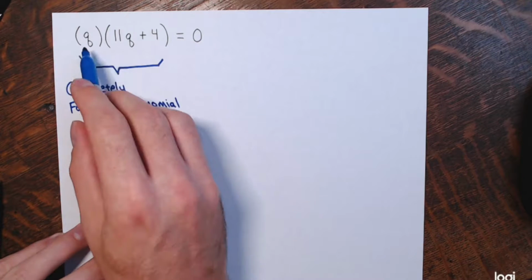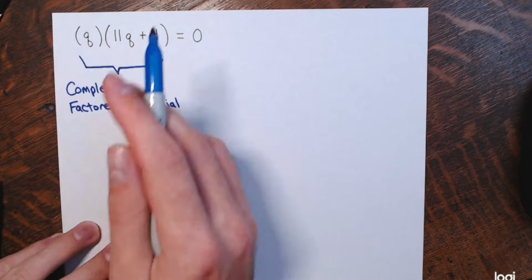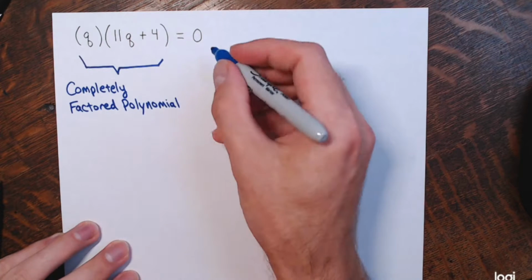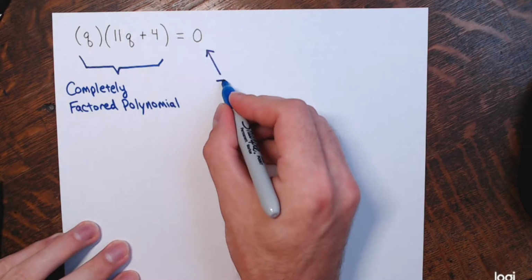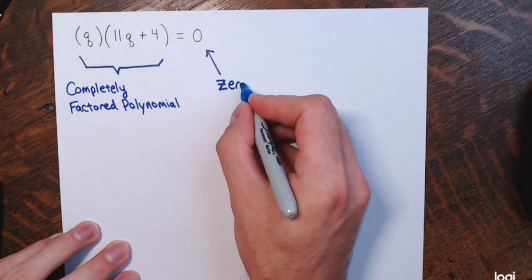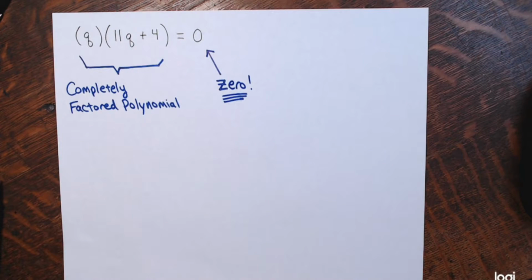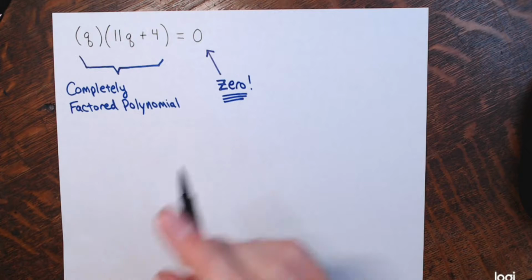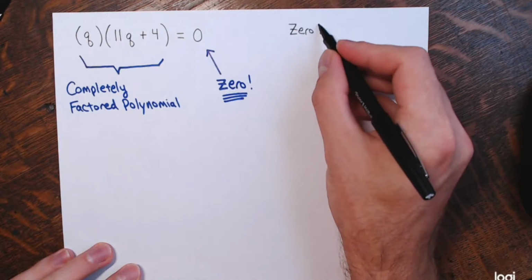This would be the polynomial 11q squared plus 4q, but with the q pulled out, totally factored. And then on the other side of the equal sign, we want the number 0. It has to be the number 0 in order for this to be applied. This thing called the zero product property, which I'll write off to the side.